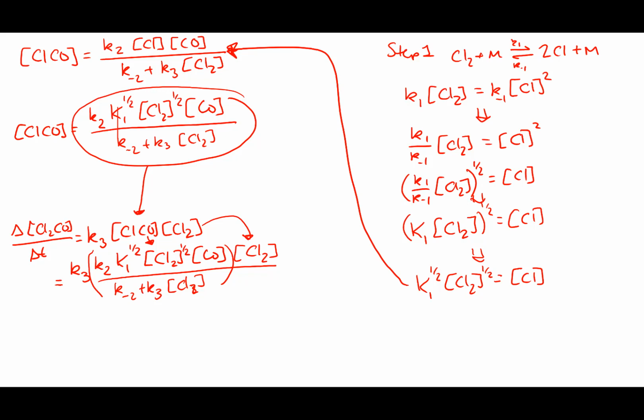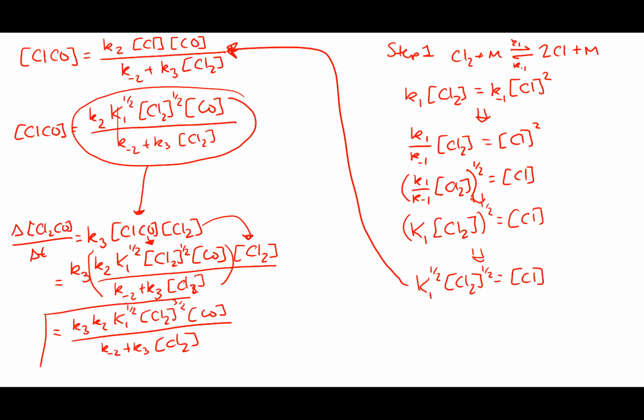And so what we should then get is that the rate law is k3 times k2 times equilibrium constant K1 to the power of 1/2 times the concentration of Cl2 to the power of 3/2 times the concentration of CO over k minus 2 plus k3 times the concentration of Cl2. And that right there is our rate law in this case.